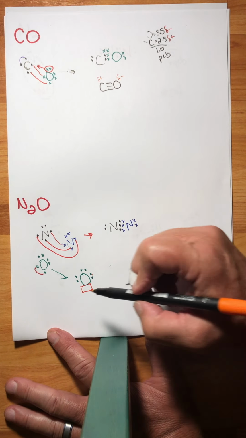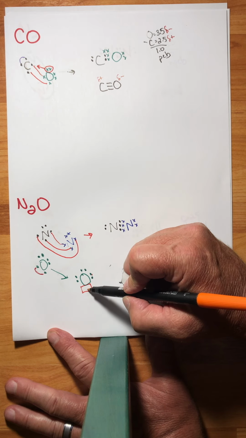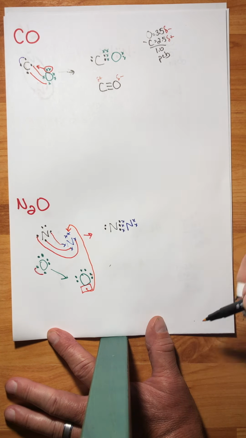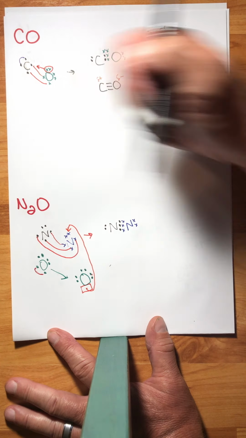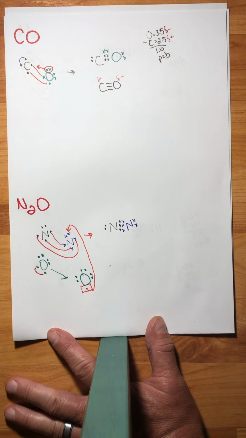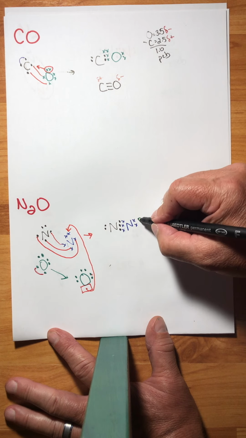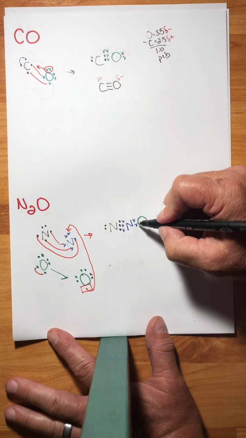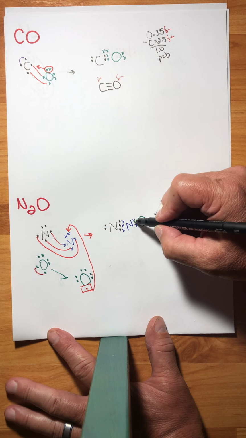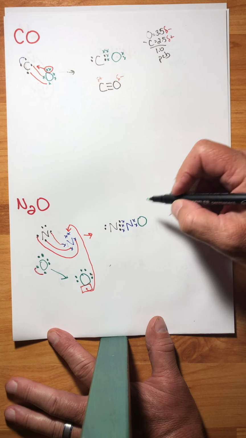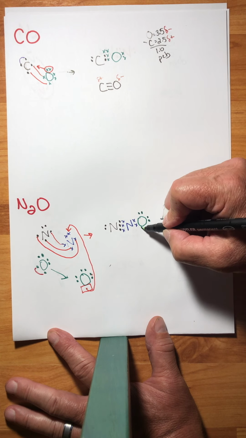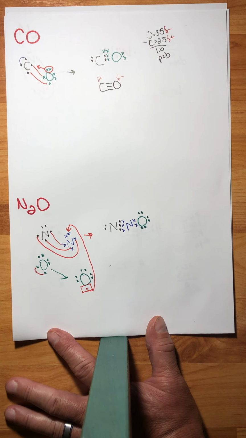So what's going to happen is that empty space is going to allow it to hook up right there. Now, it could also hook up on this one. So that means oxygen is going to go right here. Nitrogen is going to say, hey, you can form a coordinate covalent bond, and I'll provide both of my electrons for you. And then we'll have electrons like that. And that's how it would work.